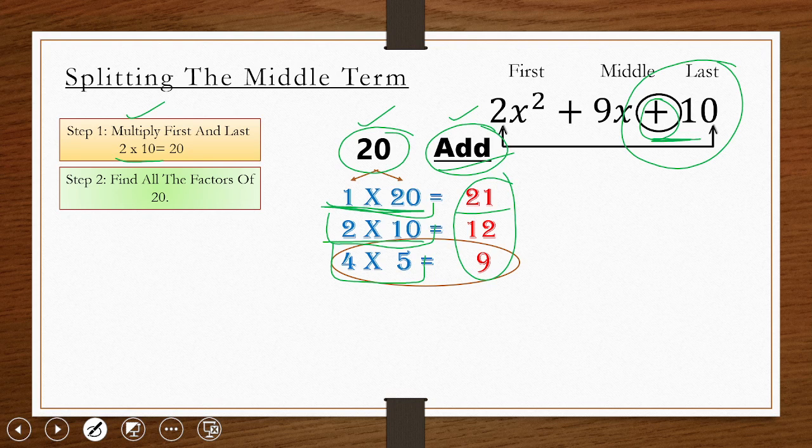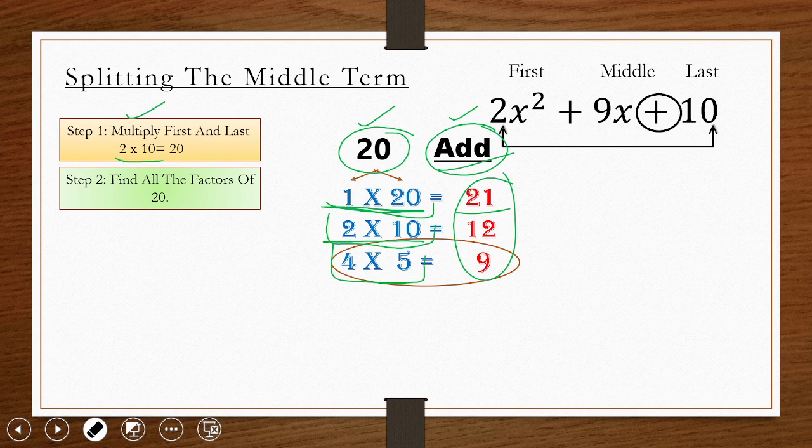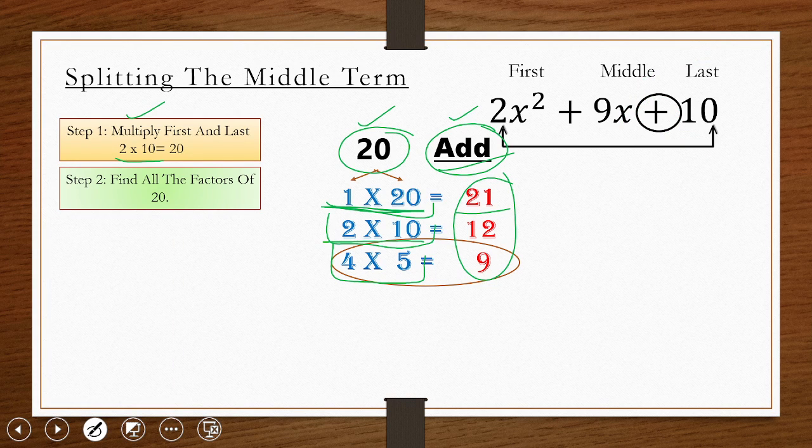It's very easy to split a term, and the trick is very easy. You have to just see the first and the last term. Again, I am repeating it, you have to see the sign which is before the last term, that is add.